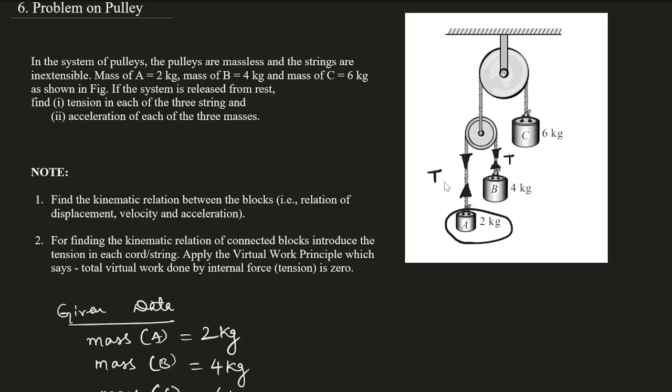If you see, we have two tensions in this pulley, tension from the block A and tension from the block B. So this will be equal to 2T, and similarly it will be acting downward as well. In the 6 kg block also the same thing is acting, so similarly we'll have 2T as well. Okay, so now we have introduced the tension in this string.